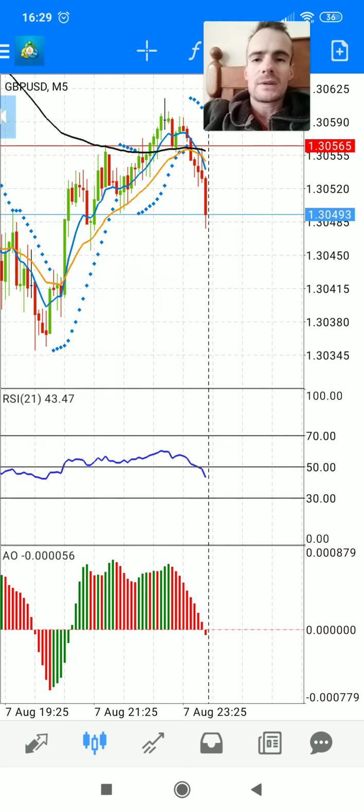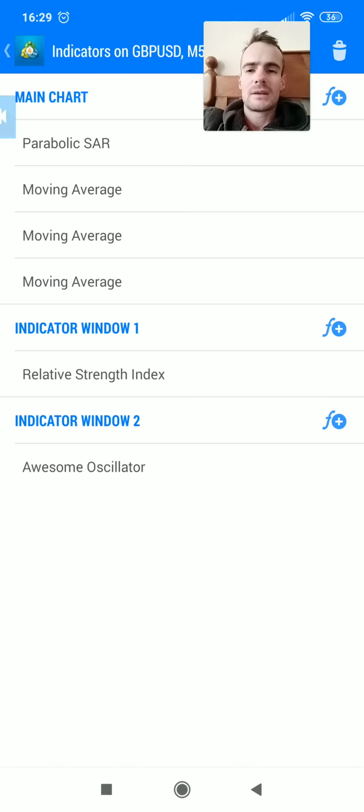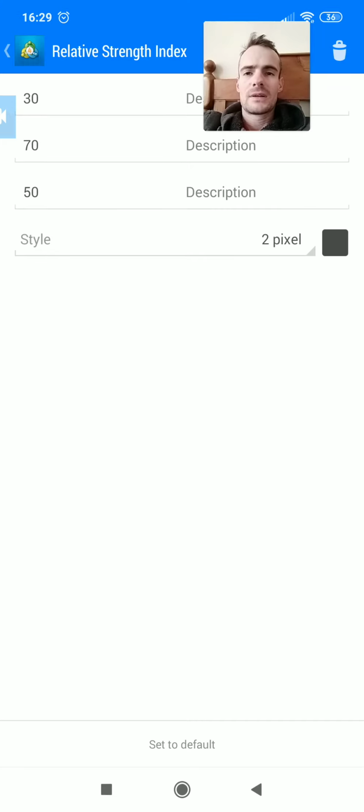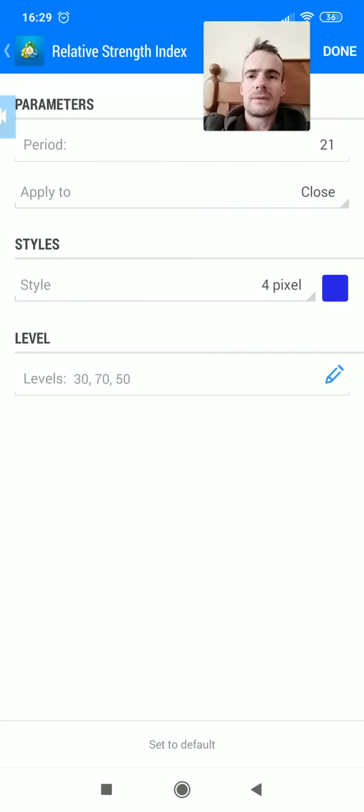The only thing that's modified is the RSI, which you add a 50 level. So you come into RSI and add under levels a 50 level, and you set the actual signal line to 4 pixels.